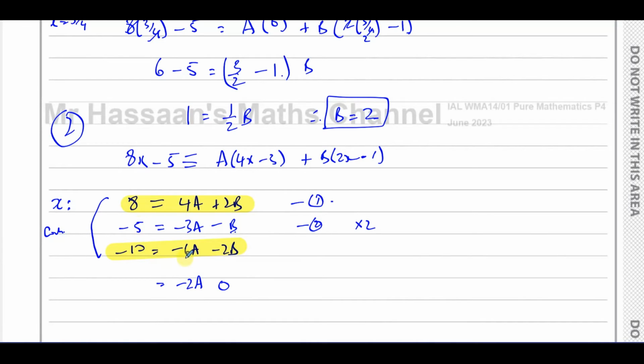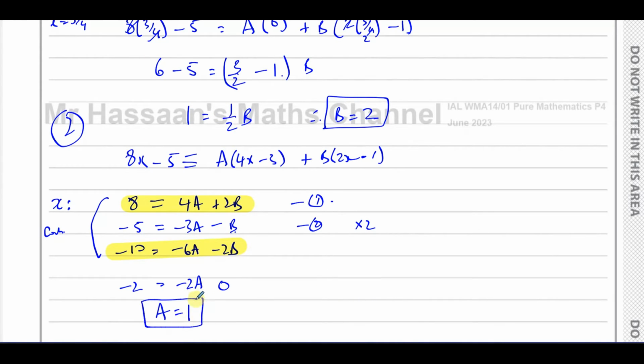So it's 4 minus 6a, and adding 8 plus minus 10, that's minus 2. So therefore, we have a equals minus 2 divided by negative 2. So a equals positive 1. So that's the answer for a.